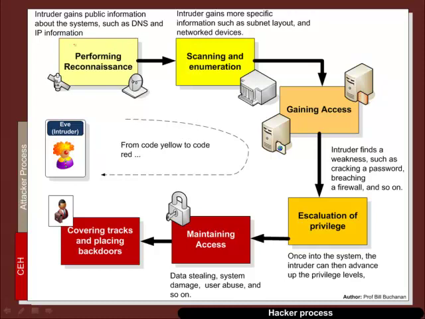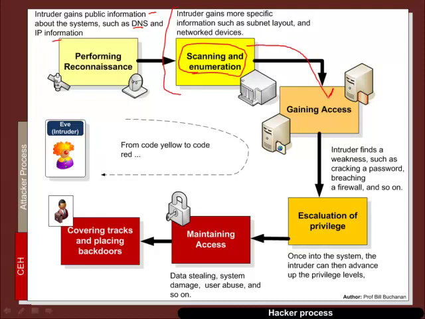There is normally some sort of reconnaissance outside, such as looking at DNS tables and IP information, and generally publicly available information such as WHOIS databases. The intruder then might get more specific information about the network devices and hosts by scanning and enumerating devices, finding out where they are and what their addresses are.